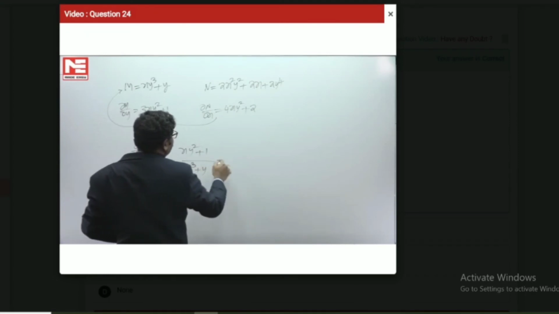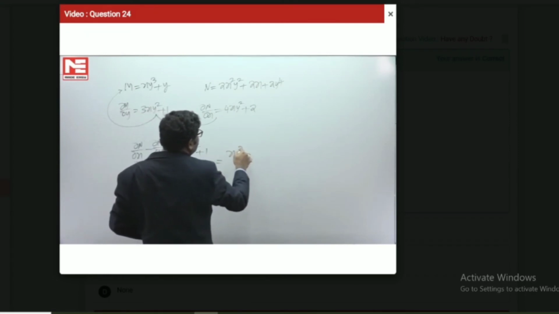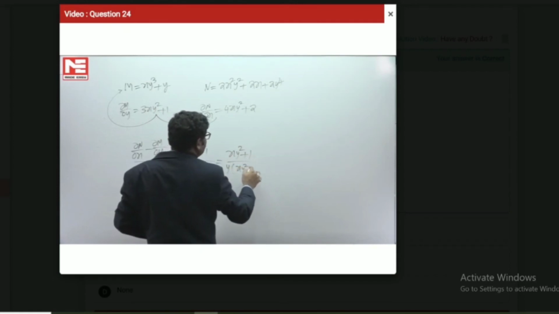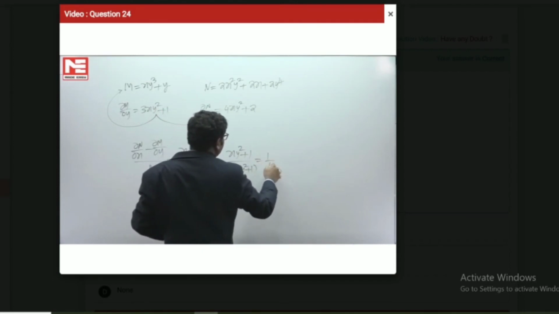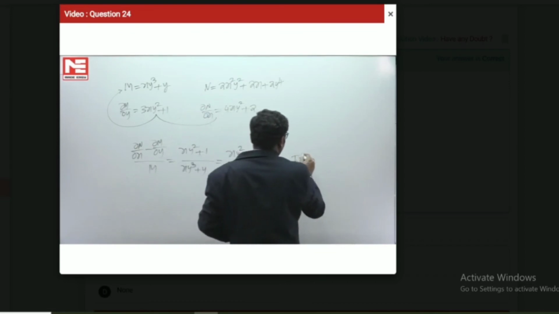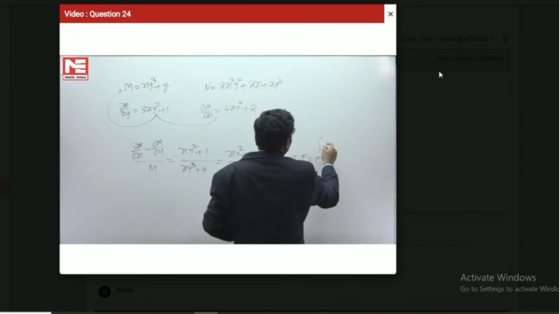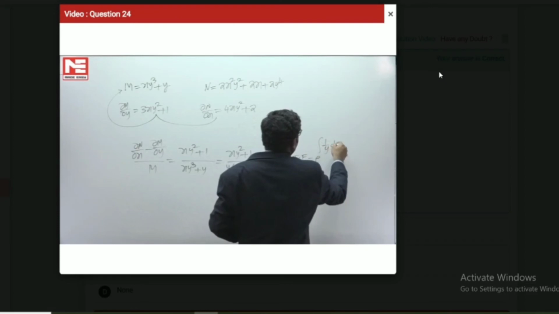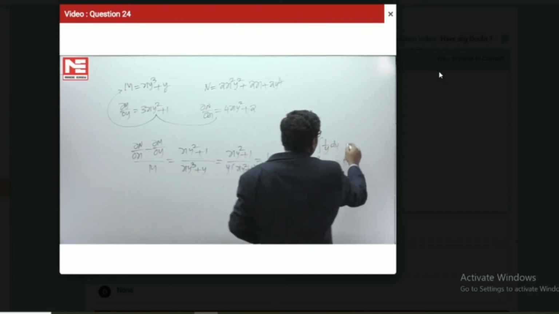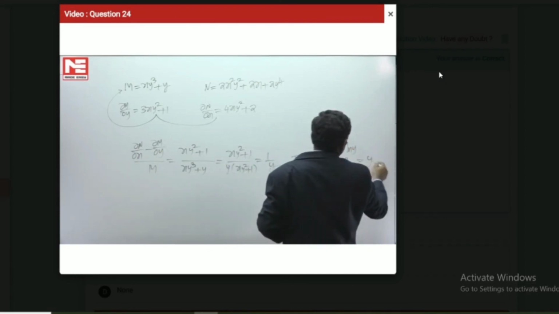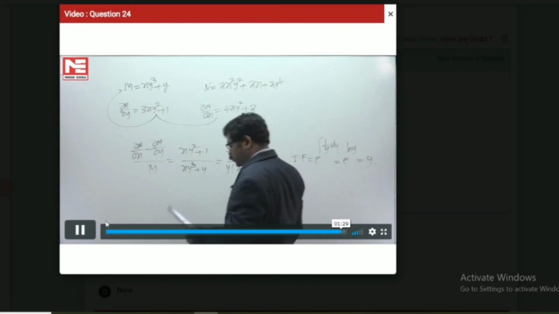If you take y common in the denominator, xy square plus 1 by xy square plus 1. After cancellation, it is 1 by y. Integrating factor is e power integral f of y dy, 1 by y dy, that is e power log y, that is y. Integrating factor is y.